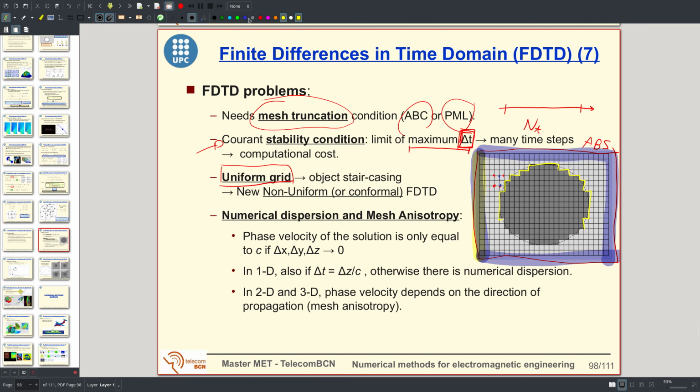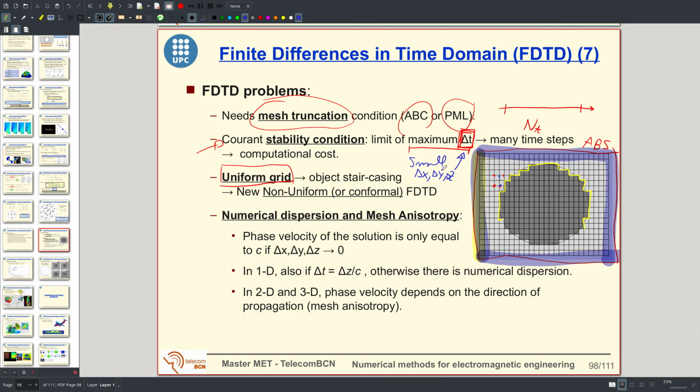This means that for accurate modeling of the object, we need a very small space sampling, and a small space sampling means also a small time step, because they are related.